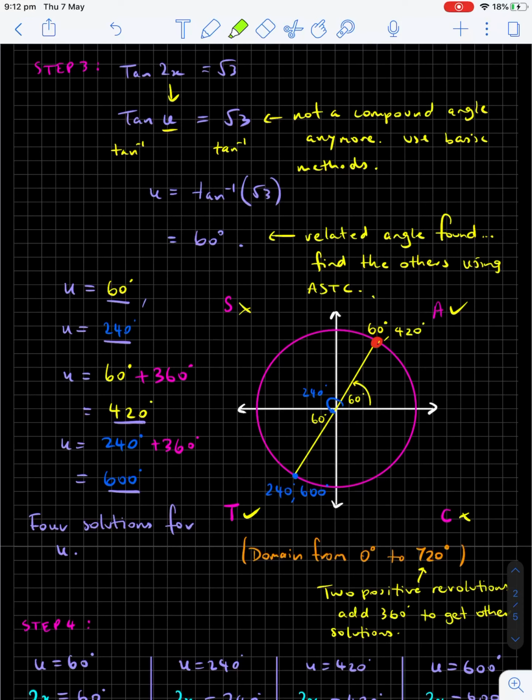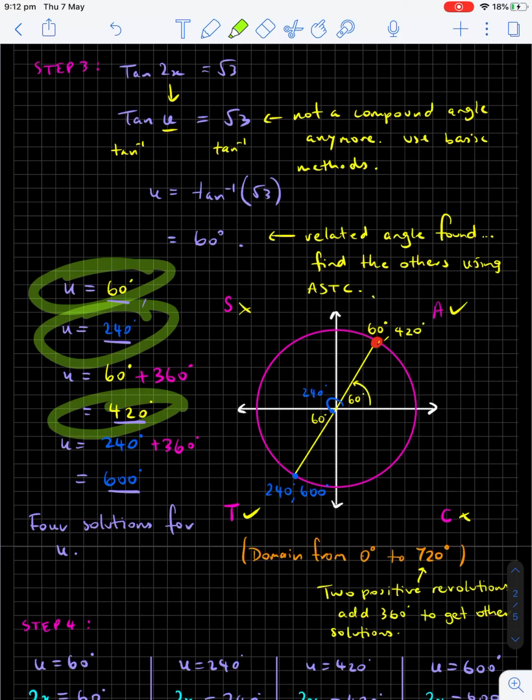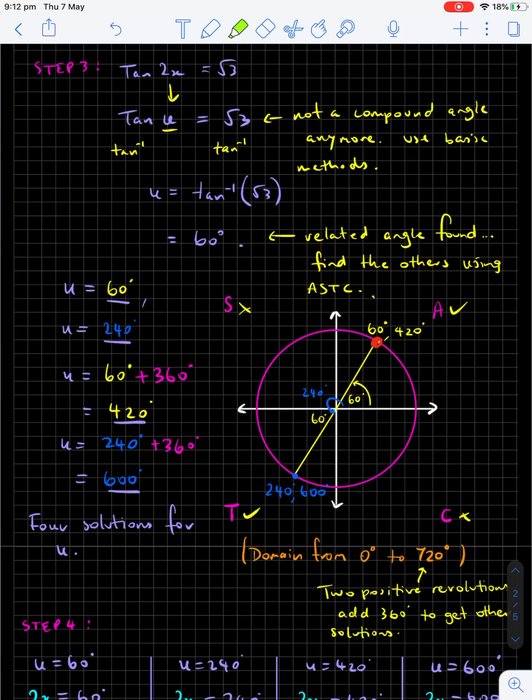We can get more solutions by taking these 2 values that we've already got and adding 360 to them. So 60 plus another 360 going around again gives us another angle that works, 420. And 240 plus 360 gives us another angle that works, 600. So we get 1, 2, 3, 4 values for u that work for this equation.